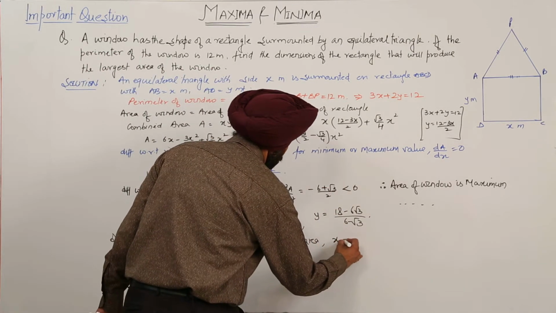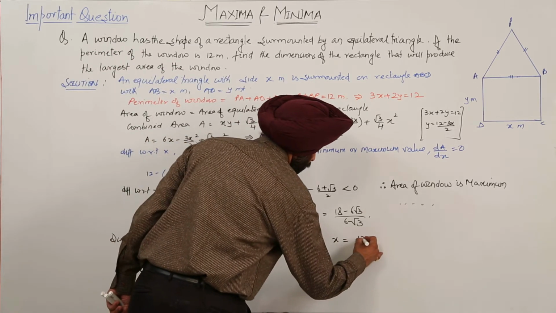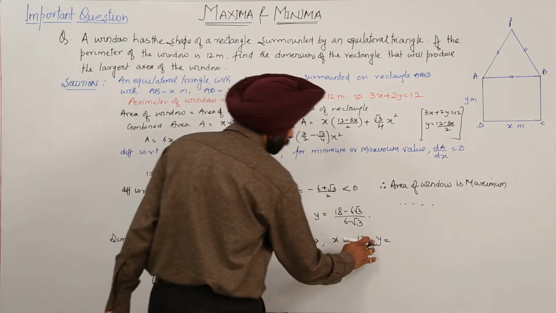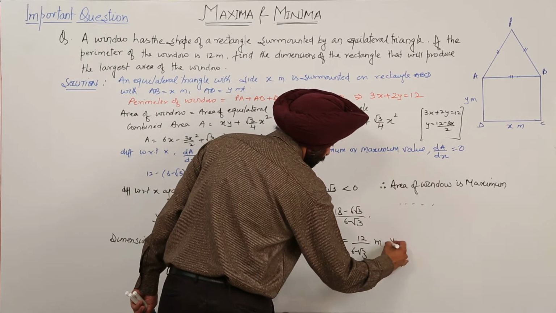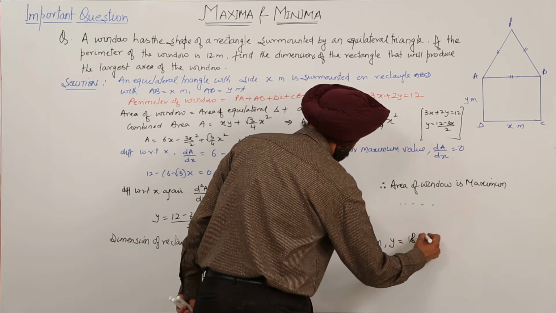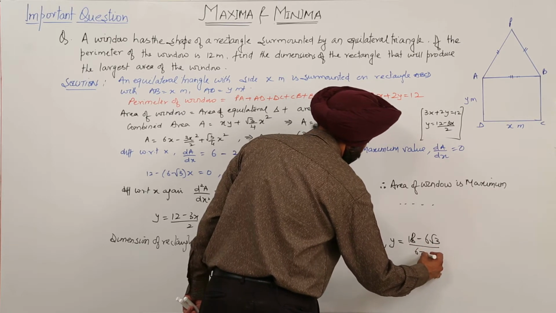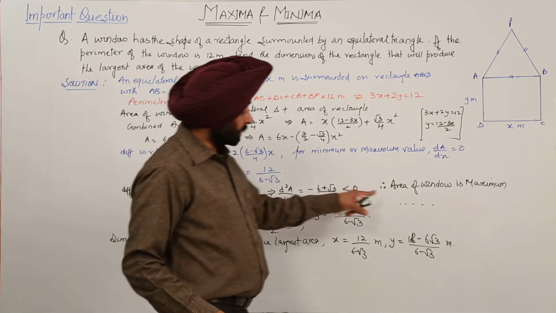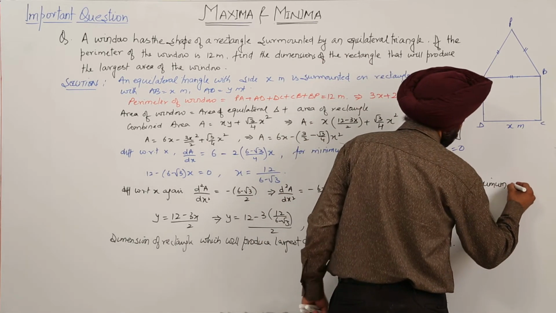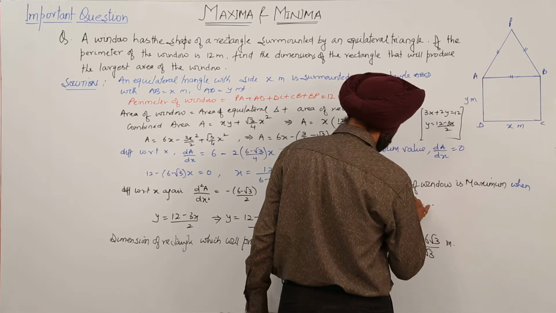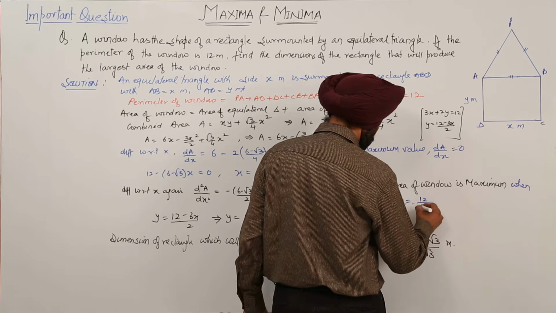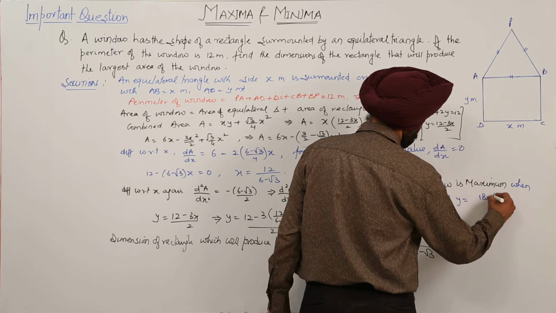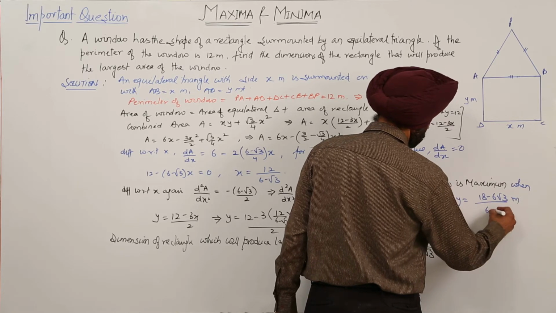We have x equal to 12 upon 6 minus root 3 meters and y equal to 18 minus 6 root 3 upon 6 minus root 3 meters. The area of the window is maximum when x is equal to 12 upon 6 minus root 3 meters and y is equal to 18 minus 6 root 3 upon 6 minus root 3 meters.